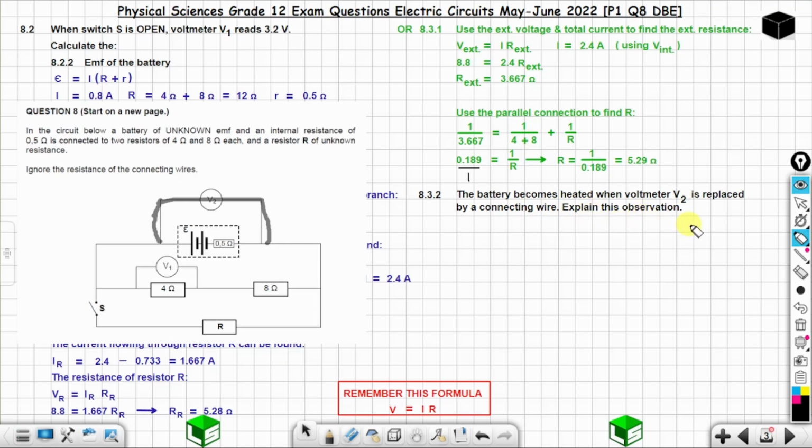Explain this observation. You have to know that whenever you are connecting the positive and negative terminal, or whenever you are connecting two different terminals, you are going to create a short circuit. So this is the same way as connecting another branch.